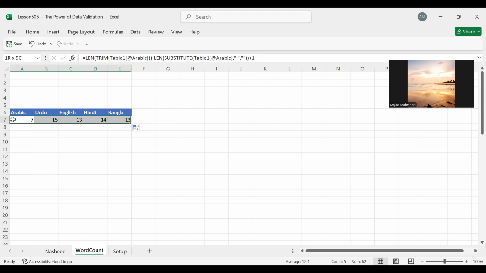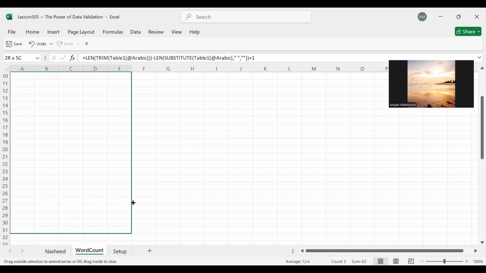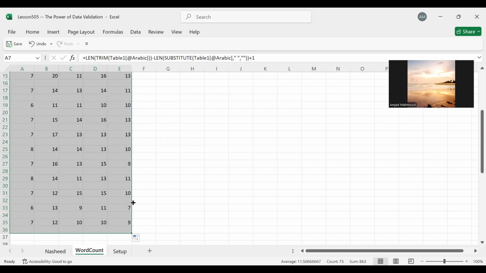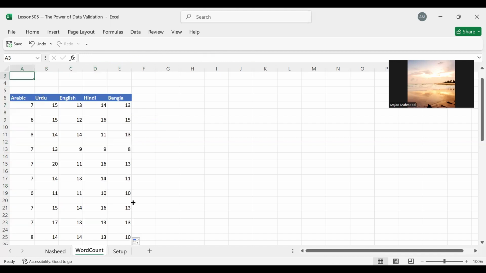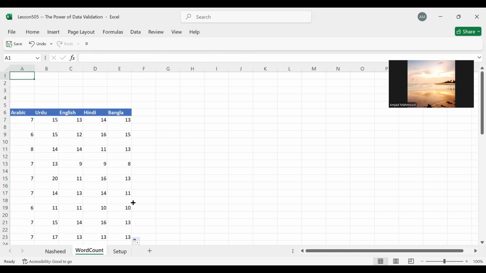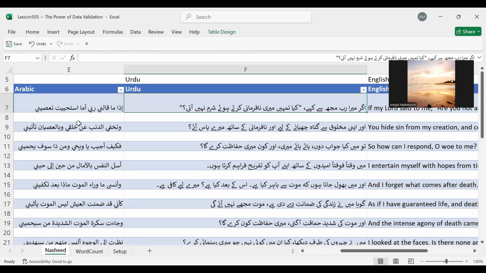So what we do, we use a blank line and then we copy it, right? So what would happen? It will bring all your comparison. The second line having six in Arabic, you can see 1, 2, 3, 4, 5, 6. Although I don't agree that these are the six.